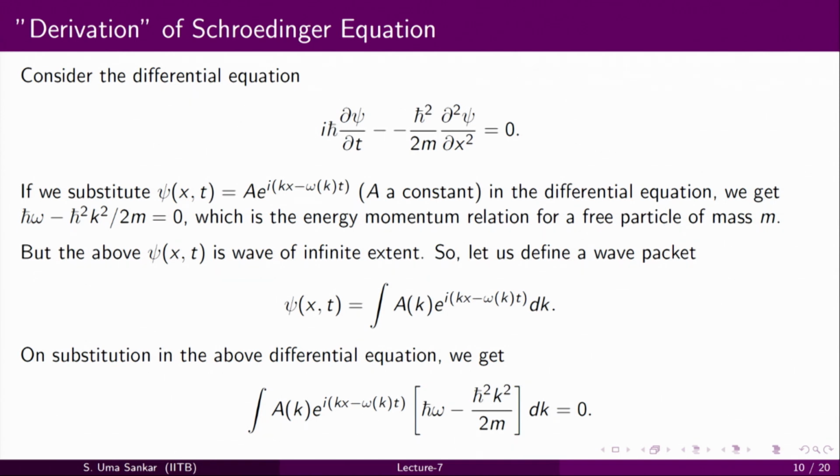Let us assume that psi(x, t) is the integral of the coefficient a(k) times e^{i(kx - ωt)}, integrated over all k. This is how we constructed a wave packet before, and we use exactly the same prescription.